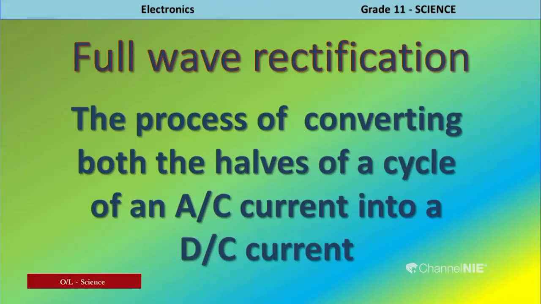So, full wave rectification means the process of converting both the halves of a cycle of an AC current into a direct current.